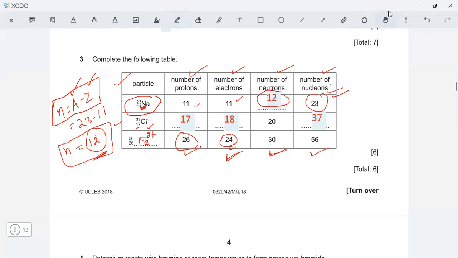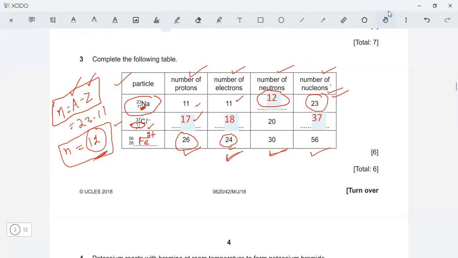Next particle is chlorine, with negative charge mentioned. The proton number is 17 and the nucleon number is 37 in this particle. So we have to write, what is the number of protons? It is clearly mentioned, 17 is the proton number. Just write 17. And you know that if the proton number is 17, then the electron number is supposed to be the same, right? 17.